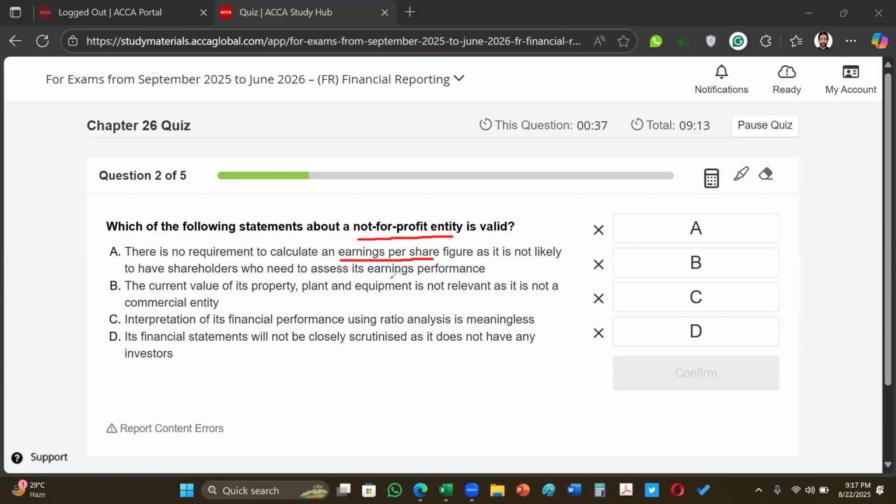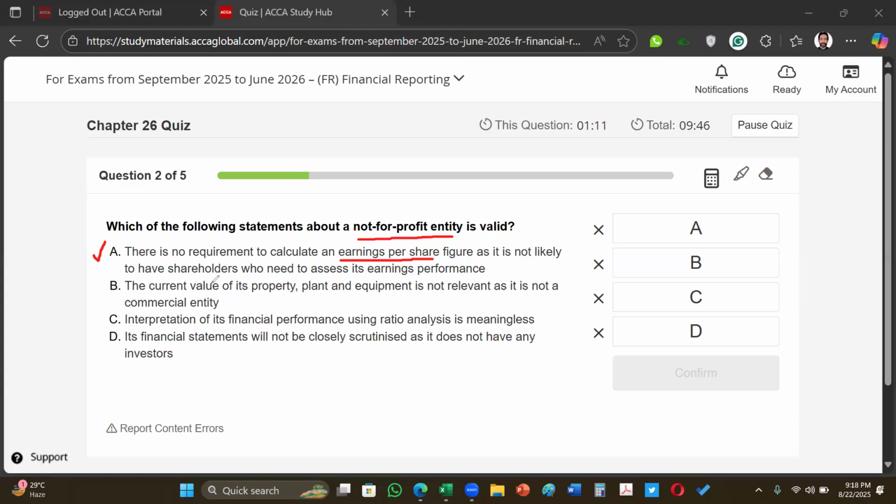So that is true because not-for-profit entities are not companies, okay, and they do not have shares. And if they do not have shares, the EPS would not make any sense. So which of the following about a not-for-profit entity is valid? That is true because for a not-for-profit entity, there is no need to calculate an EPS since there are no shareholders. Okay, let's look at the other points as well.